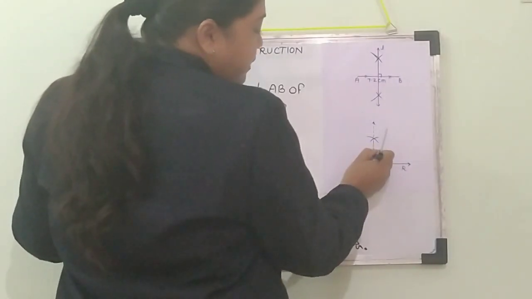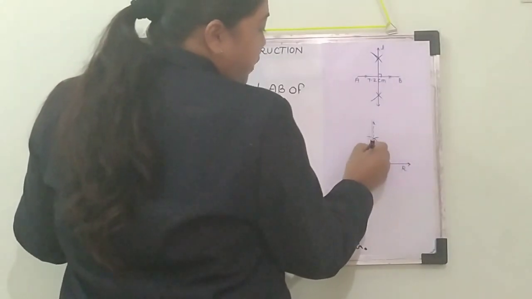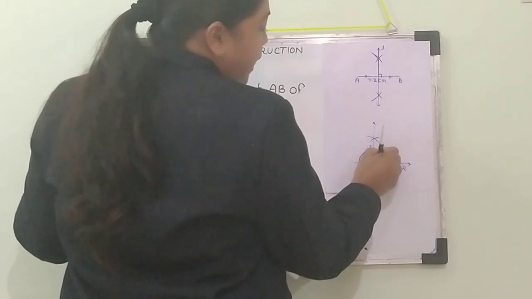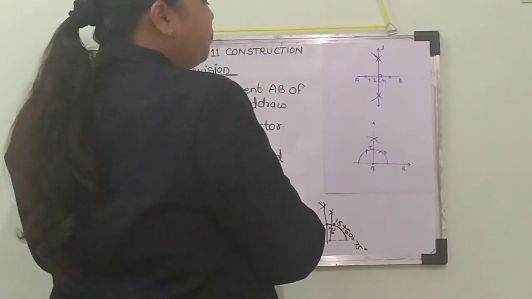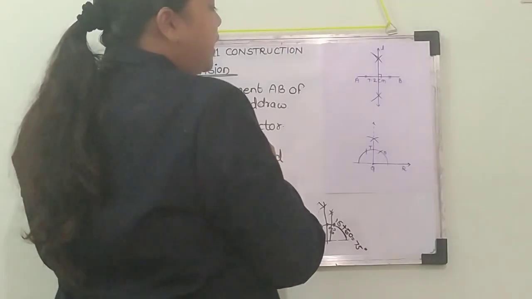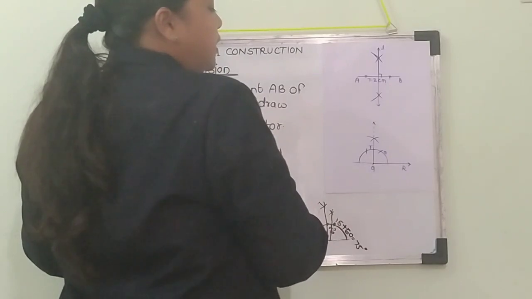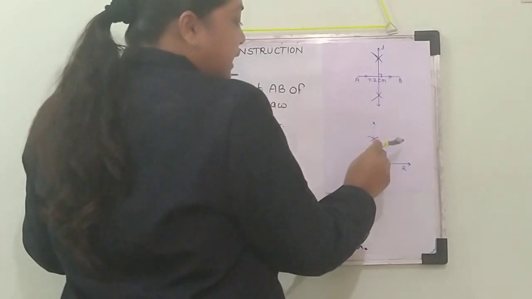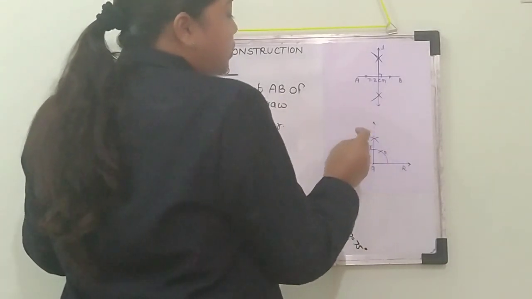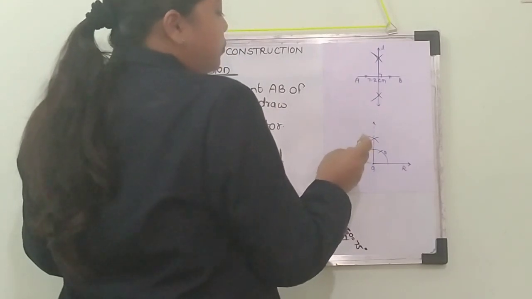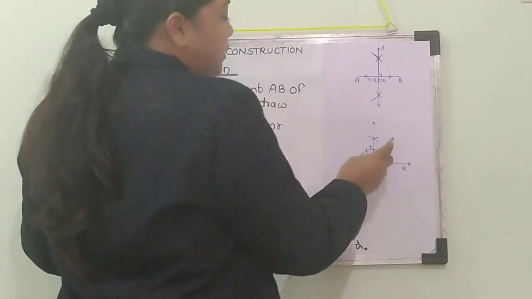Then this point, suppose point T and here S, we have to draw the perpendicular, we have to bisect this TS arc. It means it is of 30 degree and we are going to bisect it. So we get 15 degree angle.